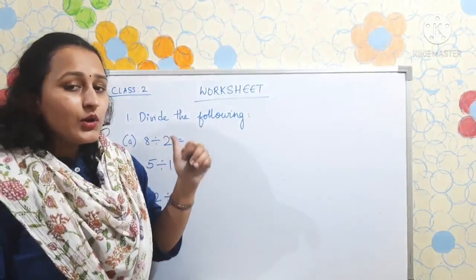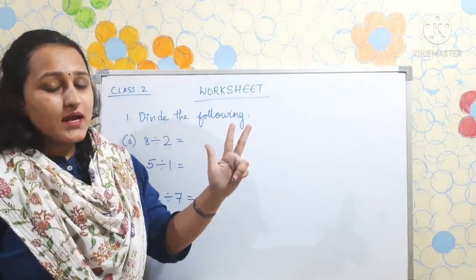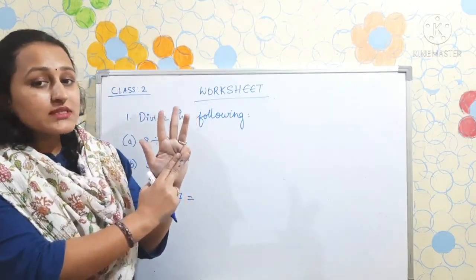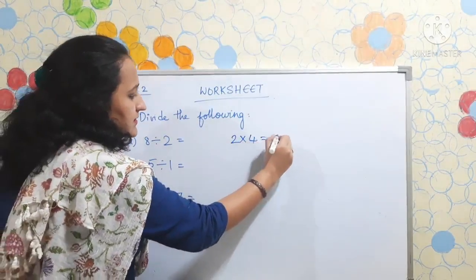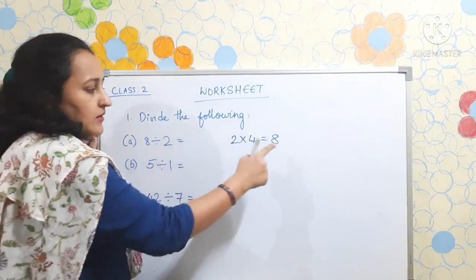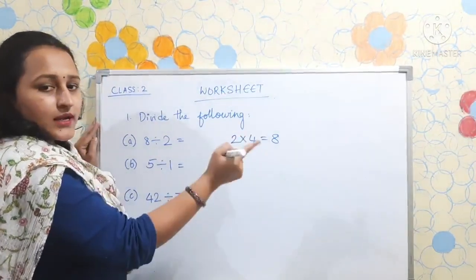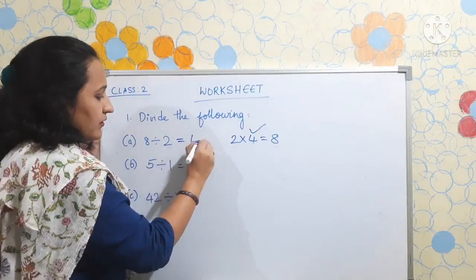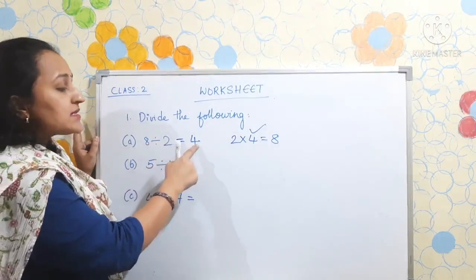Recollect the 2 table. 2 1s are 2. 2 2s are 4. 2 3s are 6. 2 4s are 8. 8 divided by 2 is how much? 8 is the dividend, 2 is the divisor, and the quotient is 4.